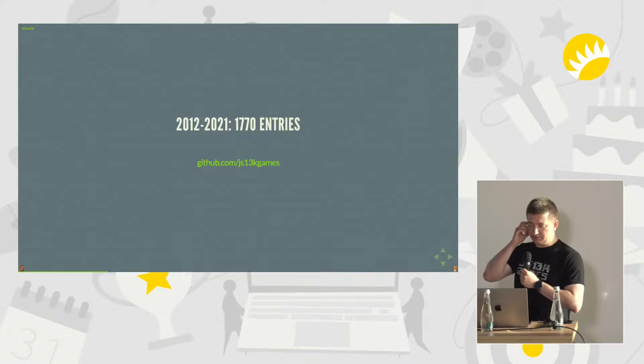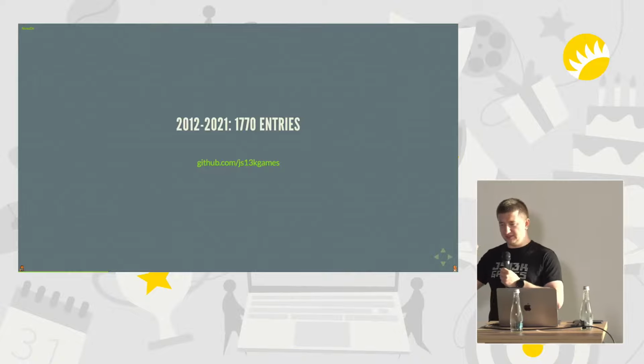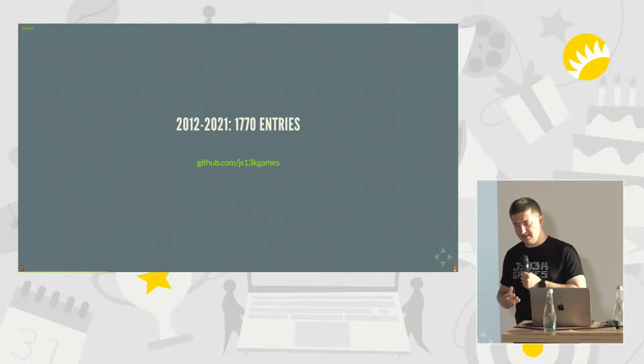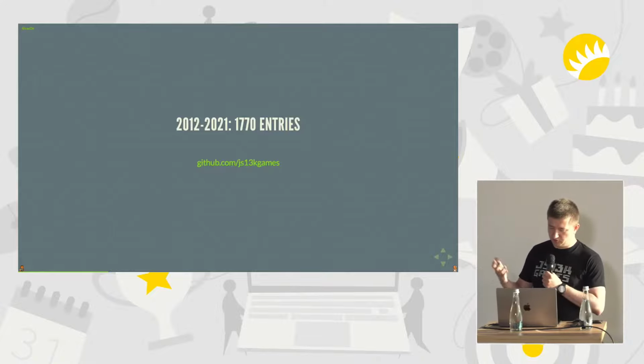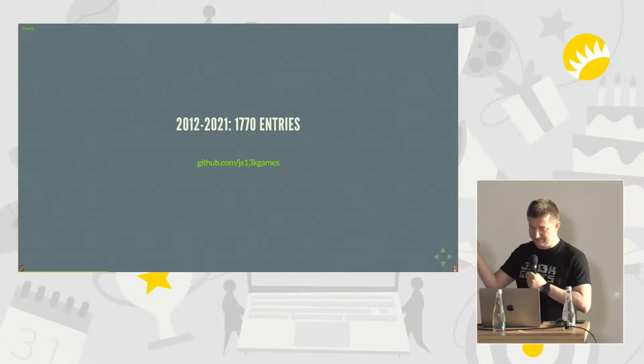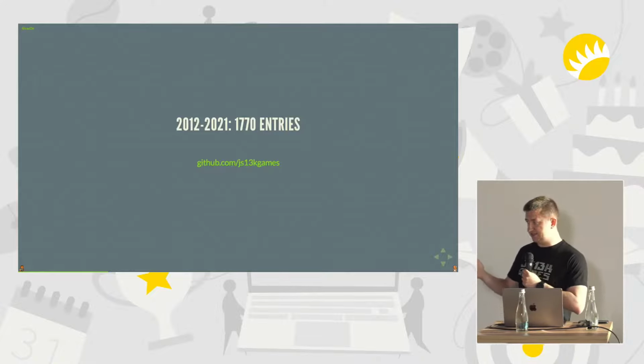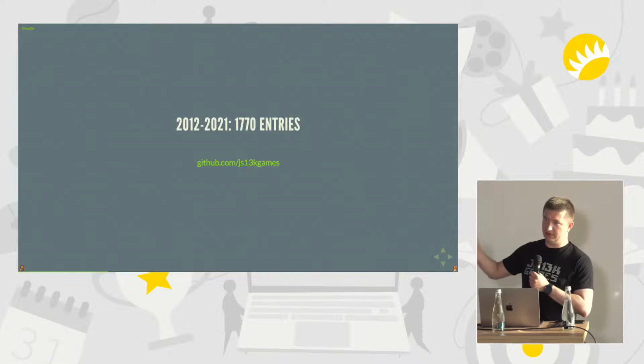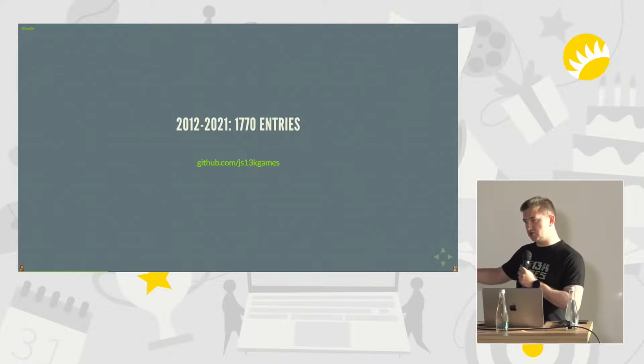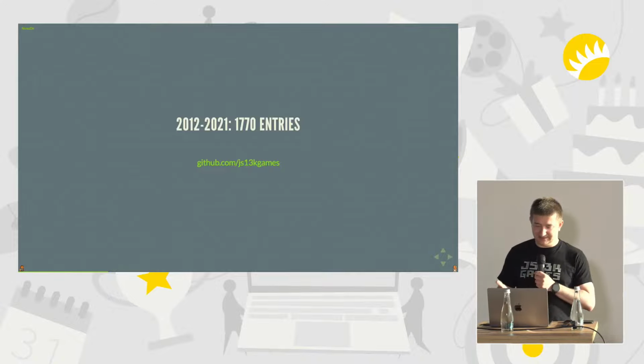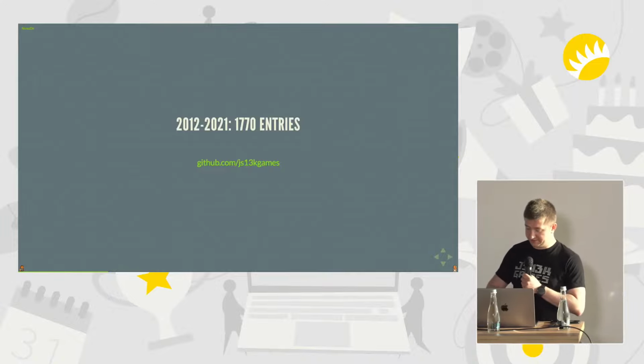Plus there are postmortems, which are articles about the specific entry that someone built, what went good and what could have been improved. So every single game on the website, you can play it. You can also check the source code on GitHub and see how it was built.